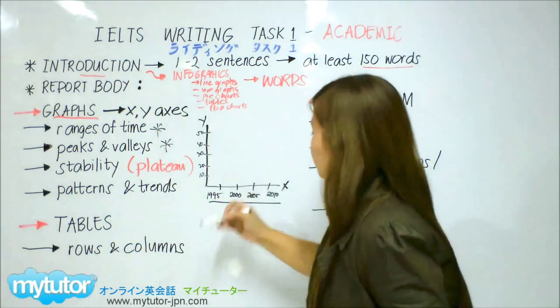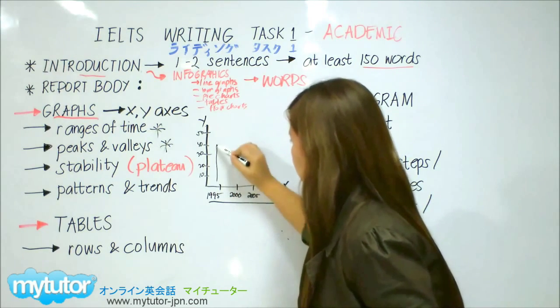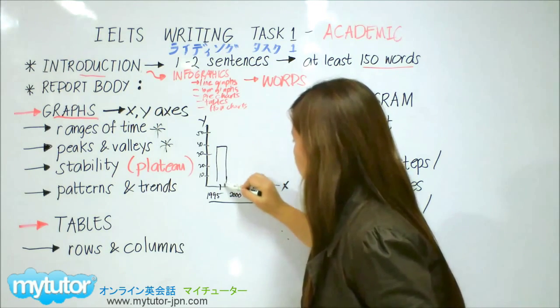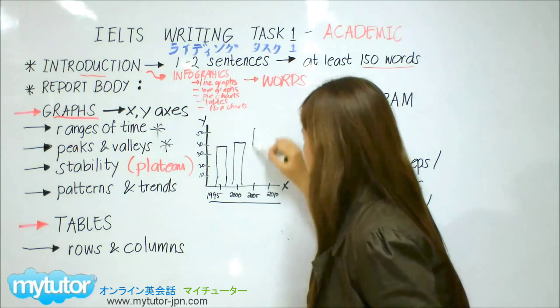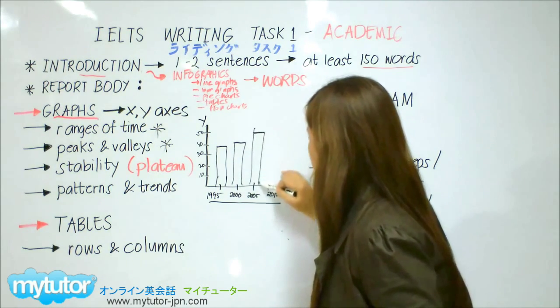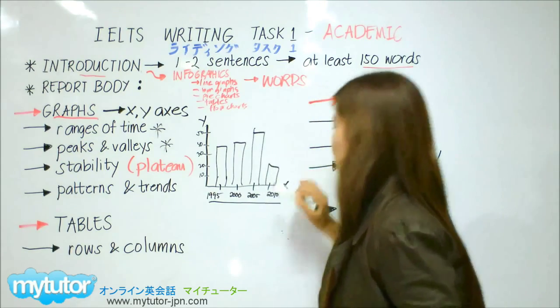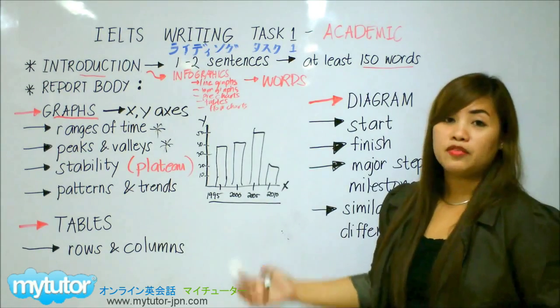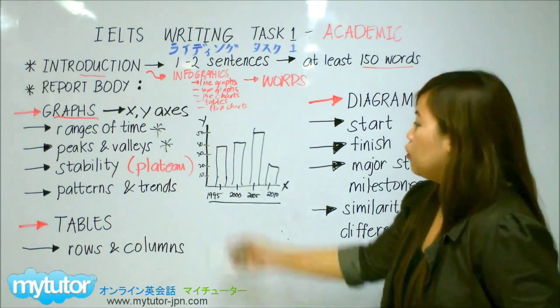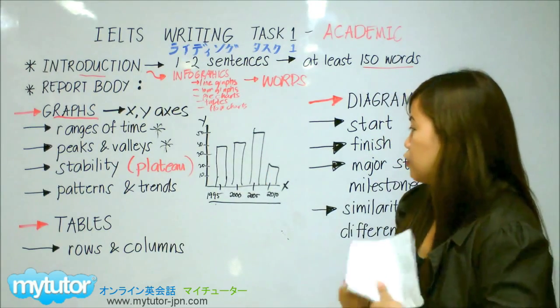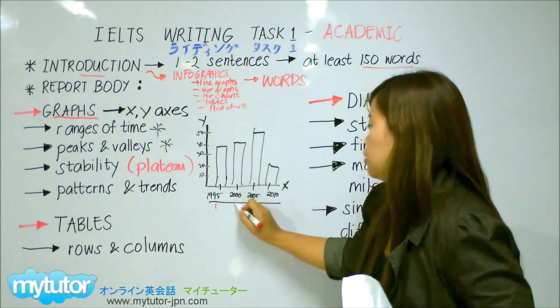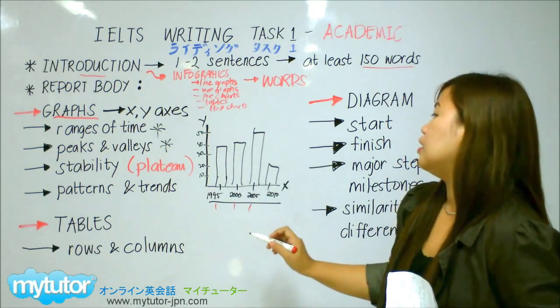Let's have a bar graph, say for instance. Okay, so this is a sample of a bar graph. Now, you notice in 1995, 2000, and 2005, okay?